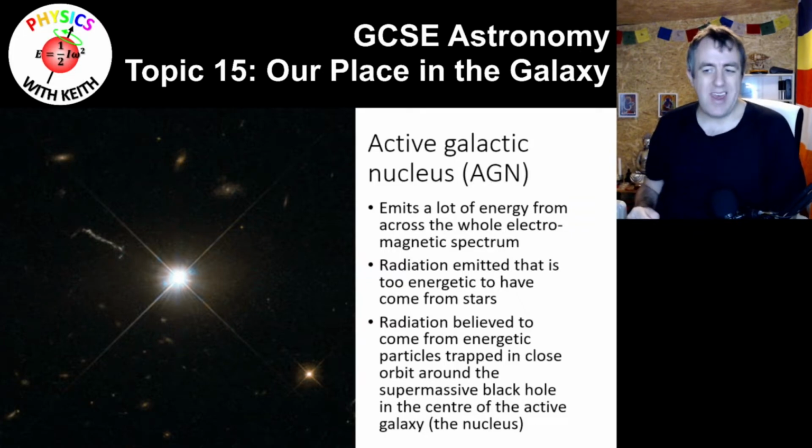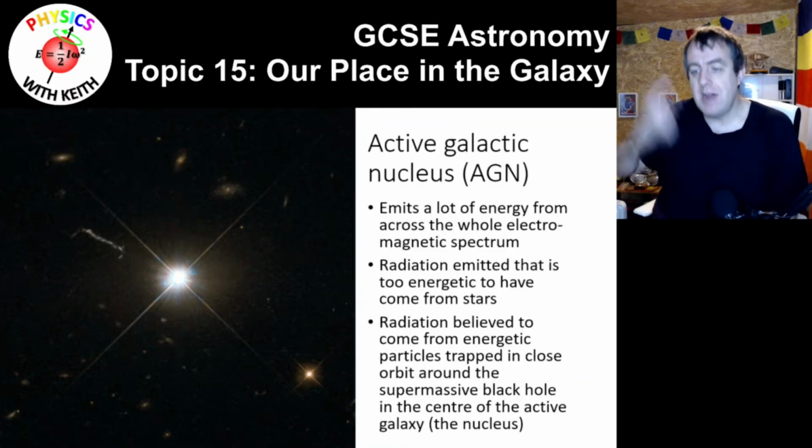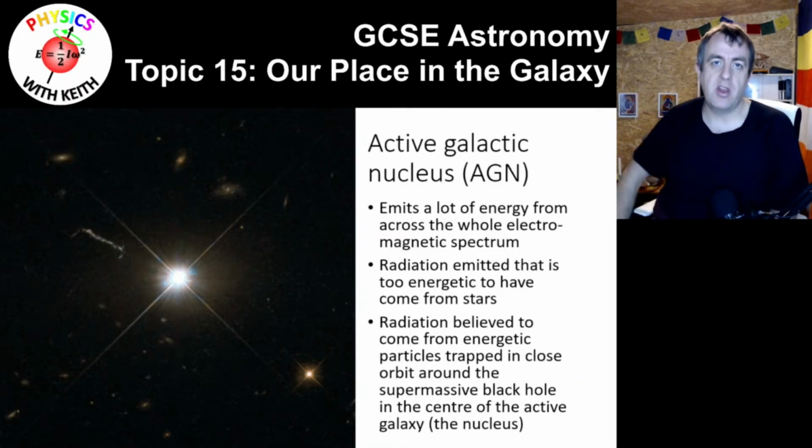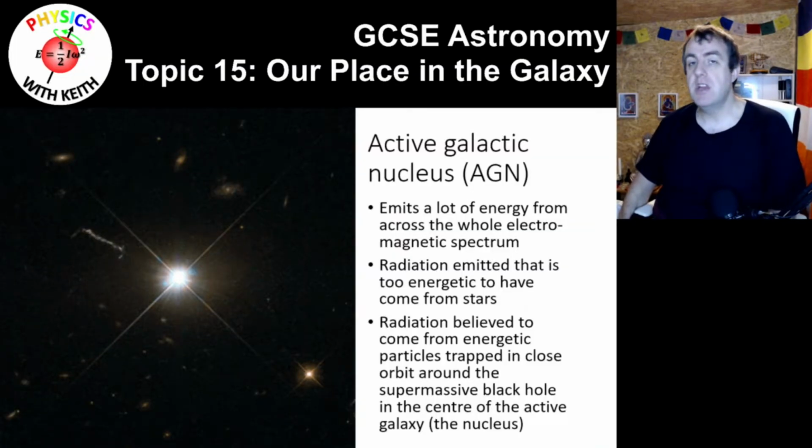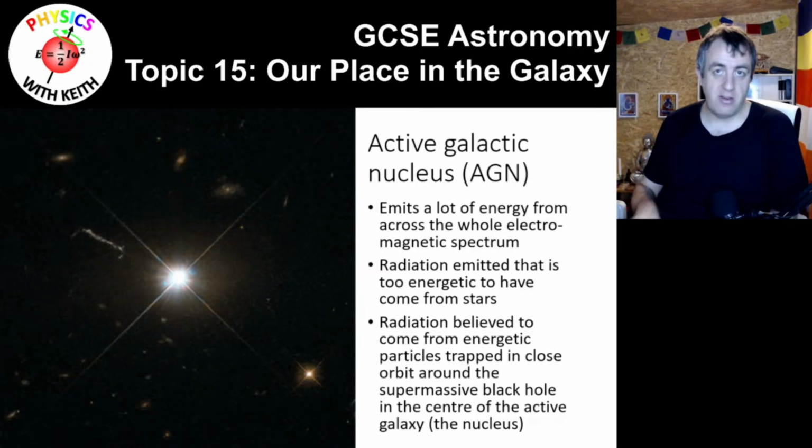And these active galactic nuclei, we believe, have black holes, supermassive black holes, in the centre. And the particles that are trapped in a very close orbit around those supermassive black holes are colliding with each other. That's causing fusion in that region. It's also just causing all sorts of other nuclear reactions, huge amounts of radiation being produced and emitted in all directions.